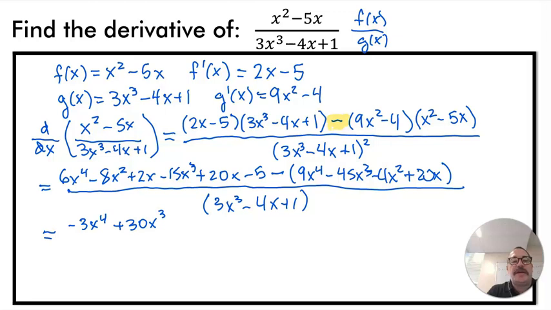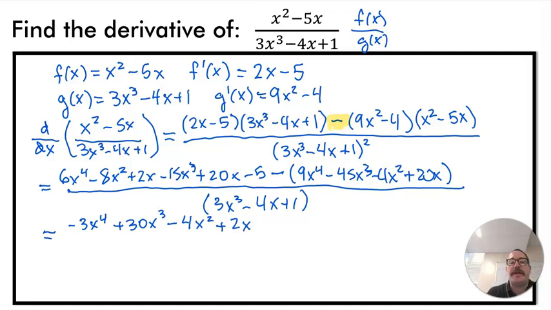And then x squared, so I've got negative 8x squared right here, and then negative 4x squared, so negative 8 minus negative 4 turns into negative 4x squared. 2x plus 20x gives me 22x, and then minus 20x leaves me with just 2x.